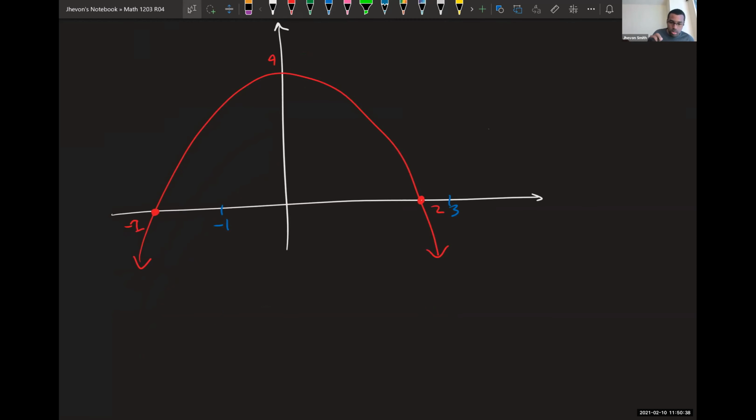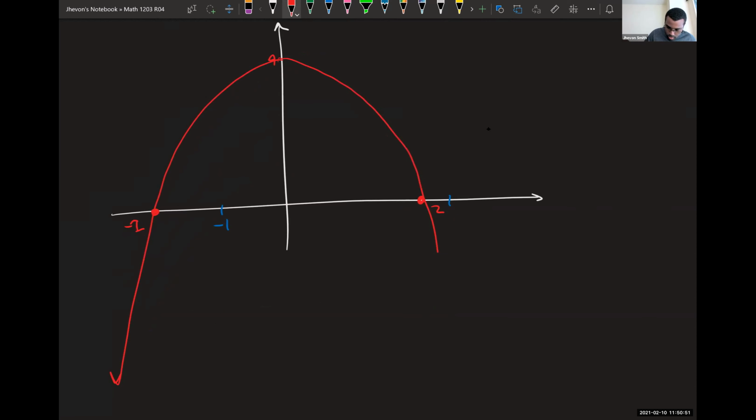And so maybe I should extend this a little bit more. So 1, have it here. And of course, right there, our y value was 3. It hits here, and our y value at this point is minus 5.